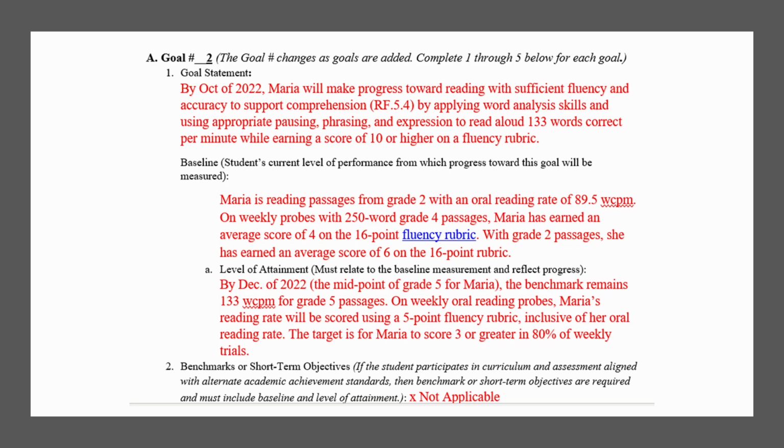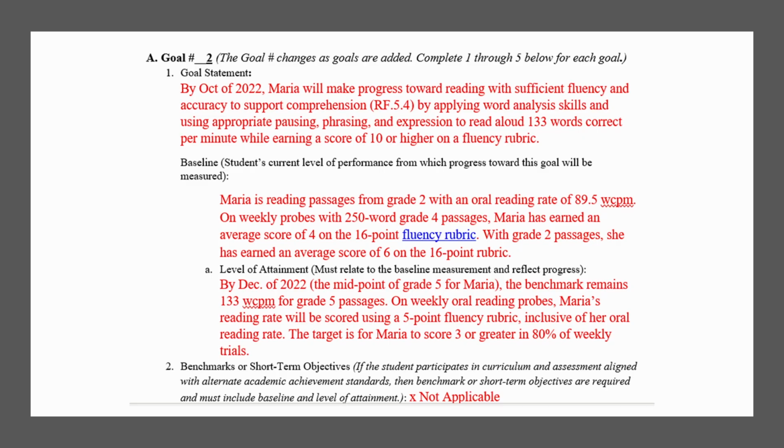By October of 2022, Maria will make progress toward reading with sufficient fluency and accuracy to support comprehension. That's reading Foundation Standard 5.4 by applying word analysis skills and using appropriate pausing, phrasing, and expression to read aloud 133 words correct per minute while earning a score of 10 or higher on a fluency rubric.